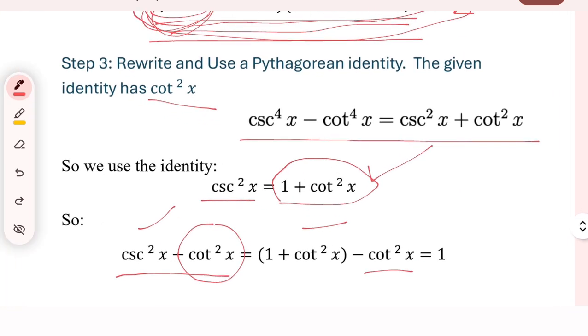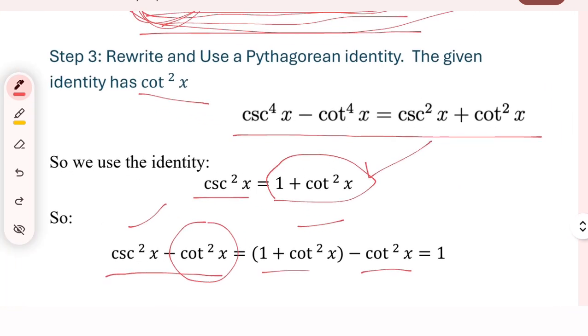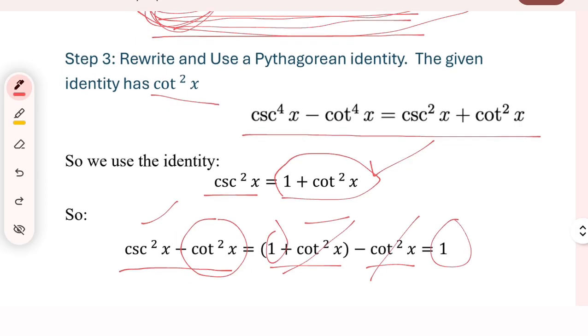Now what happens here? We have 1 plus cotangent square minus cotangent square, so we can cancel out cotangent square, because one is positive and the other is negative. What is left is 1.